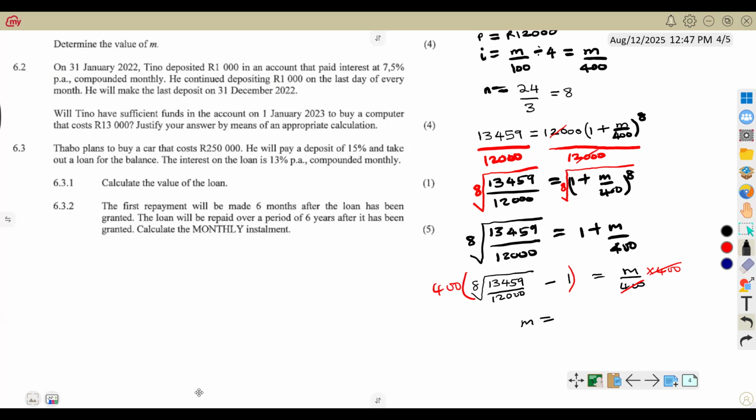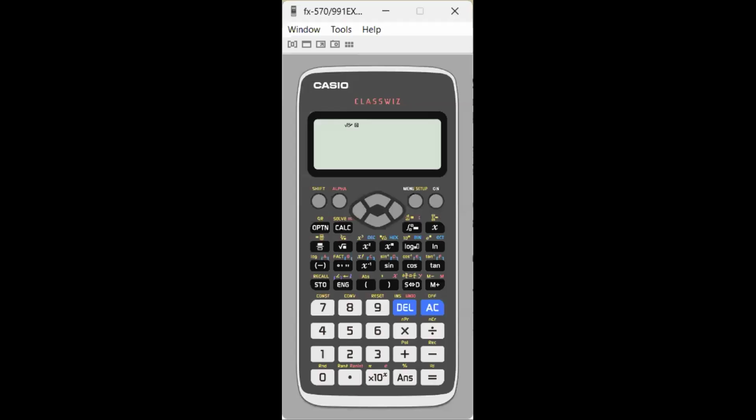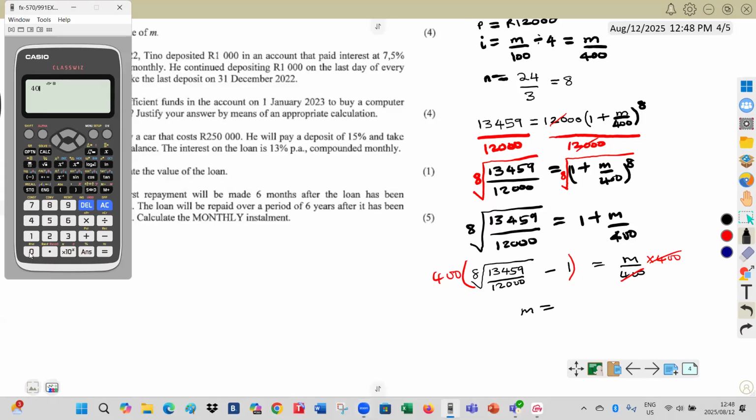We go to the calculator. So it's going to be 400 multiplied by the 8th root of 13,459 divided by 12,000, minus 1.